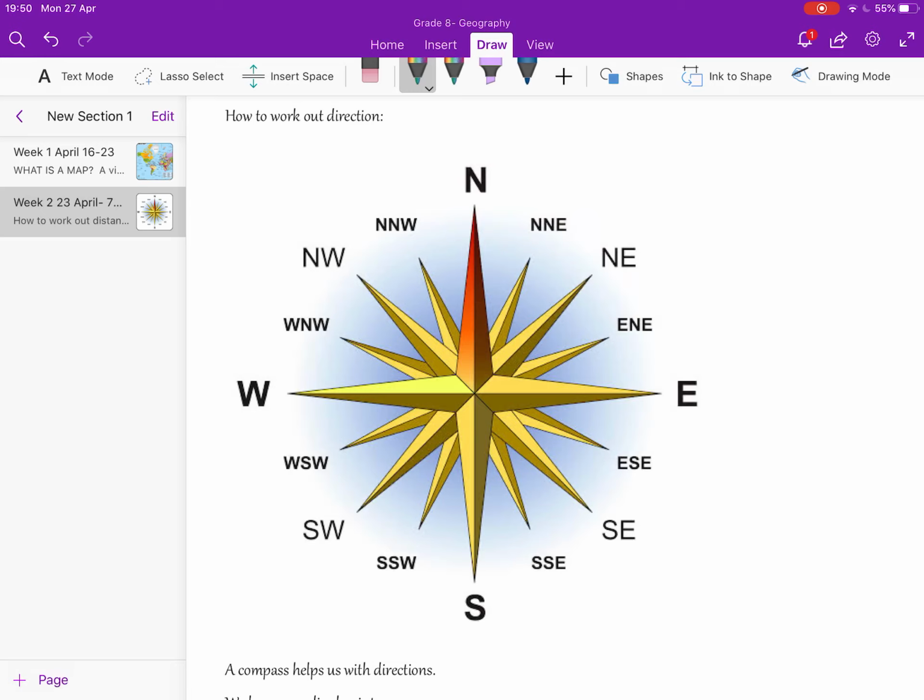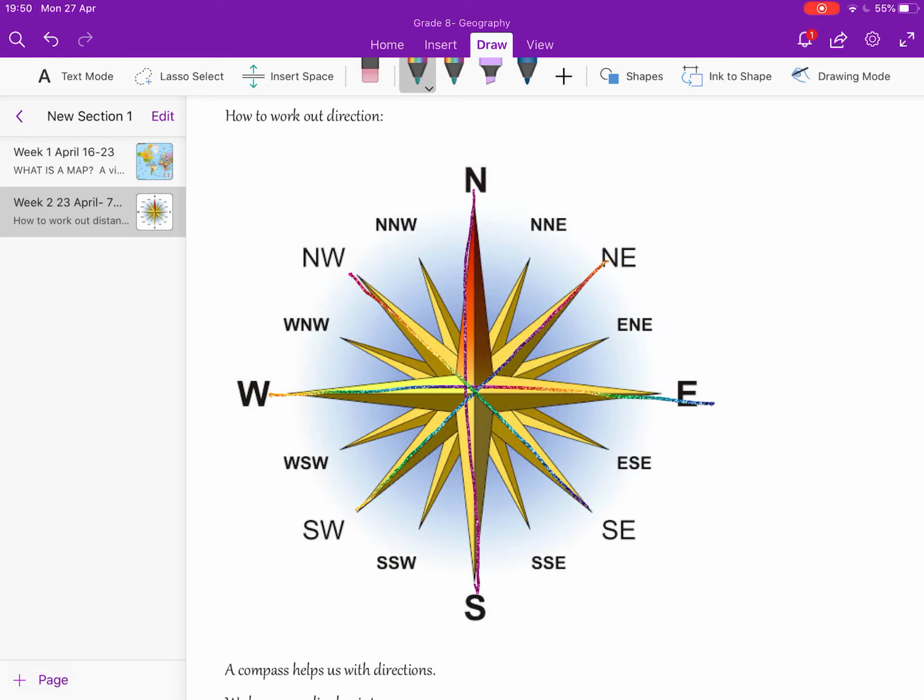Next up, we are going to look at how to work out direction. When we look at direction, we need to first write down the different directions that we get. So we get 4 cardinal points. Cardinal points are our main directions. So north, south, east, west. Alright, but apart from the 4 cardinal points, we get our secondary directions, which is northwest, northeast, southeast, and southwest.